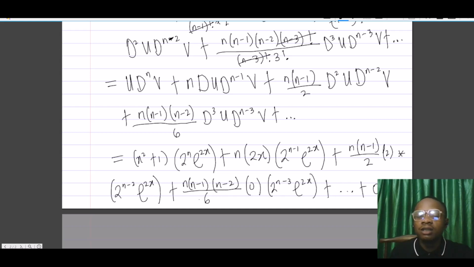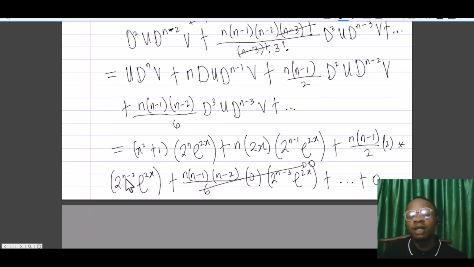Just like this is 0, every other thing will be 0, because this will keep being 0 and it will keep cancelling them off. So basically these are the only terms we have left. So that was why we had to choose our u and v that way, so that we easily get to the point where the terms cancel out.